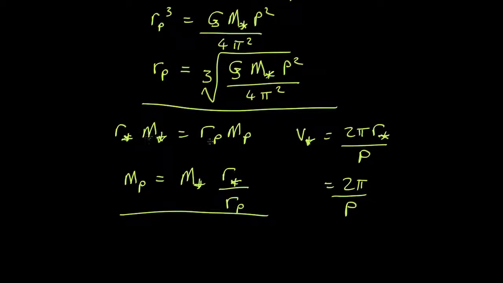We've got r star here, which is r planet mp over m star. So it's m planet over m star times the r. So if you know the period, we can work out how far out the planet is. Once we know that, if we know either the velocity of the star or the radius of its motion, we can work out the mass of the planet.